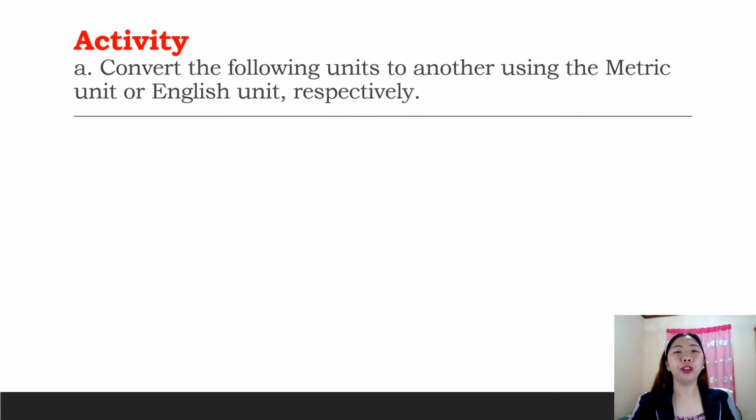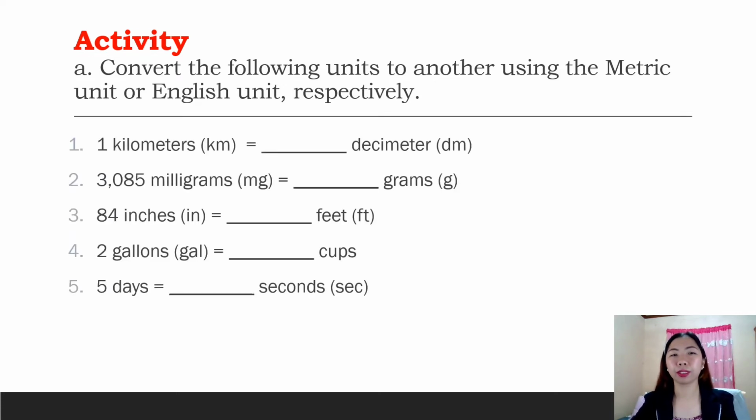I want you to try these activities first before we move forward to our discussion about the topic. Okay? So get your pen and paper to do the activity. For the first activity, you are about to convert the following units to another using the metric unit or English unit respectively. So here are the items that you are going to answer for this activity.